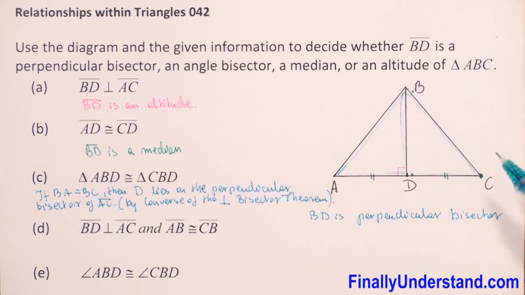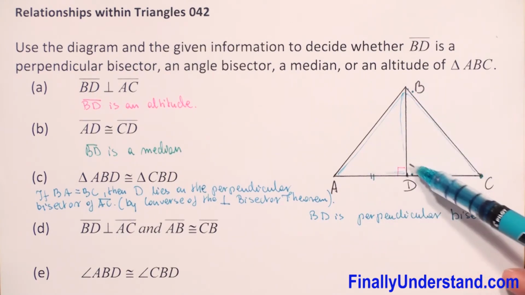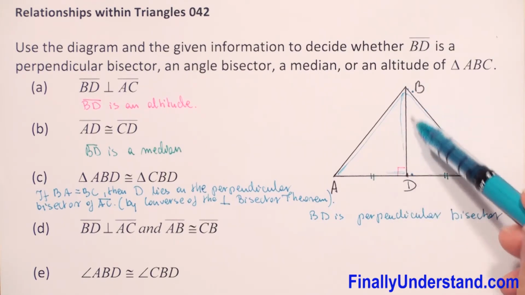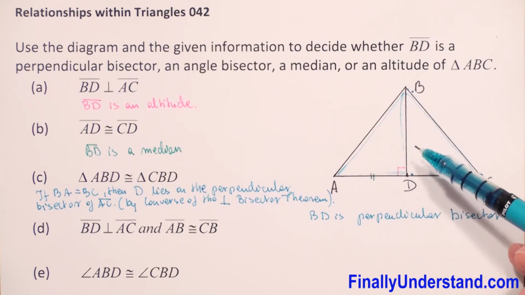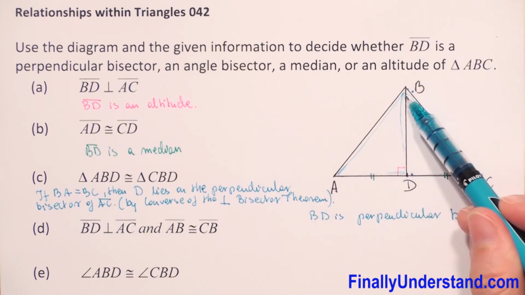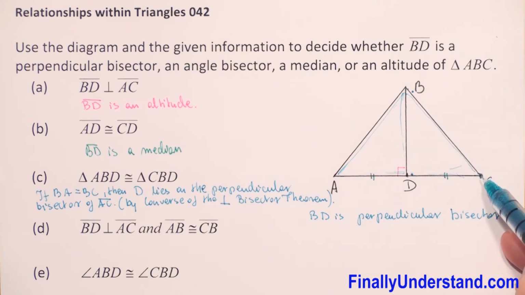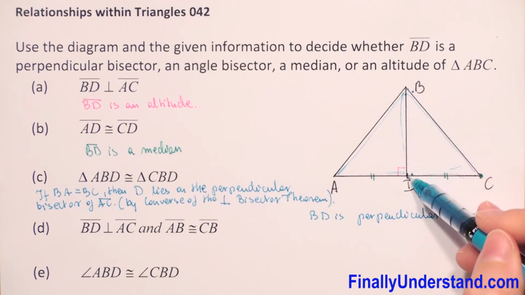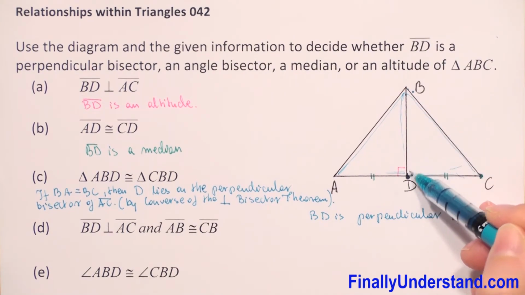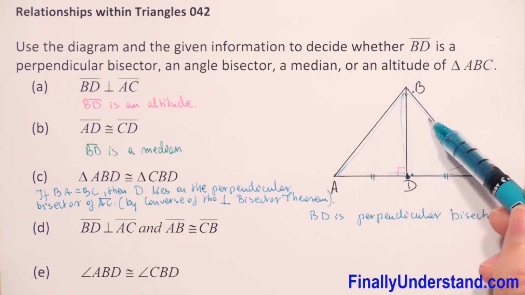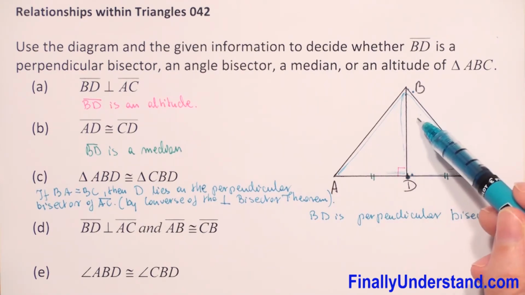Because we have these two triangles congruent, it means that angle ABD is congruent to angle CBD. So BD divides angle ABC into two angles that are congruent.